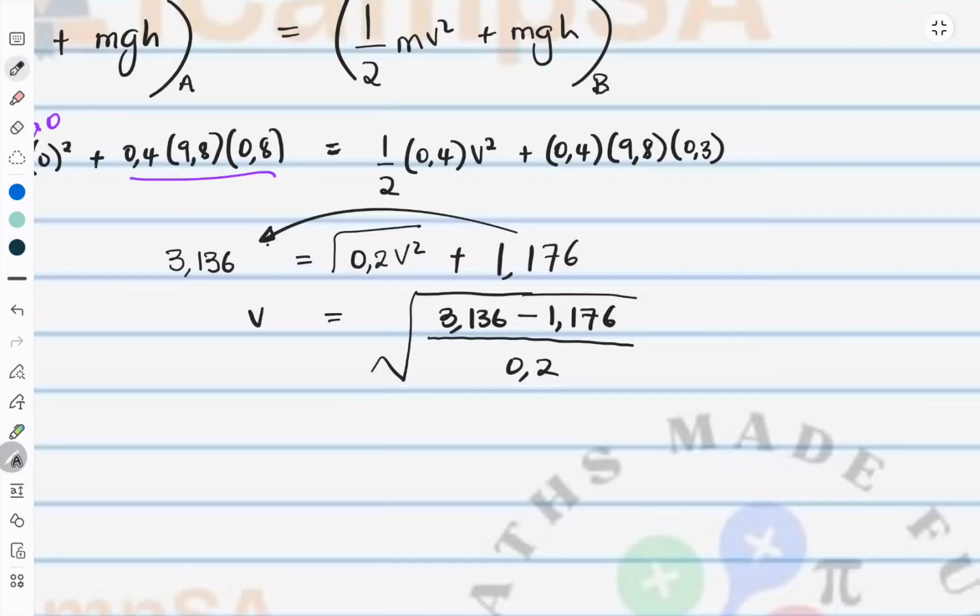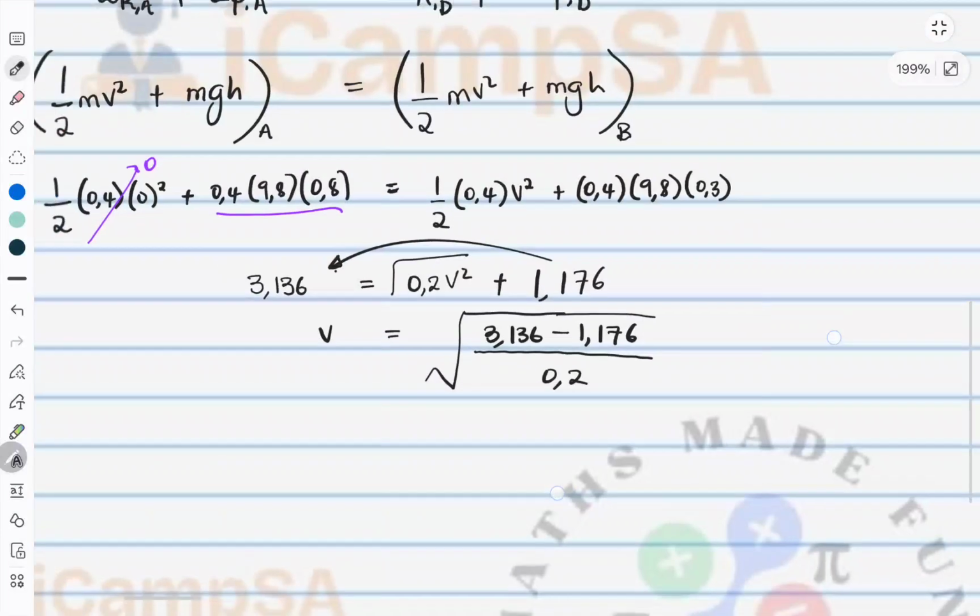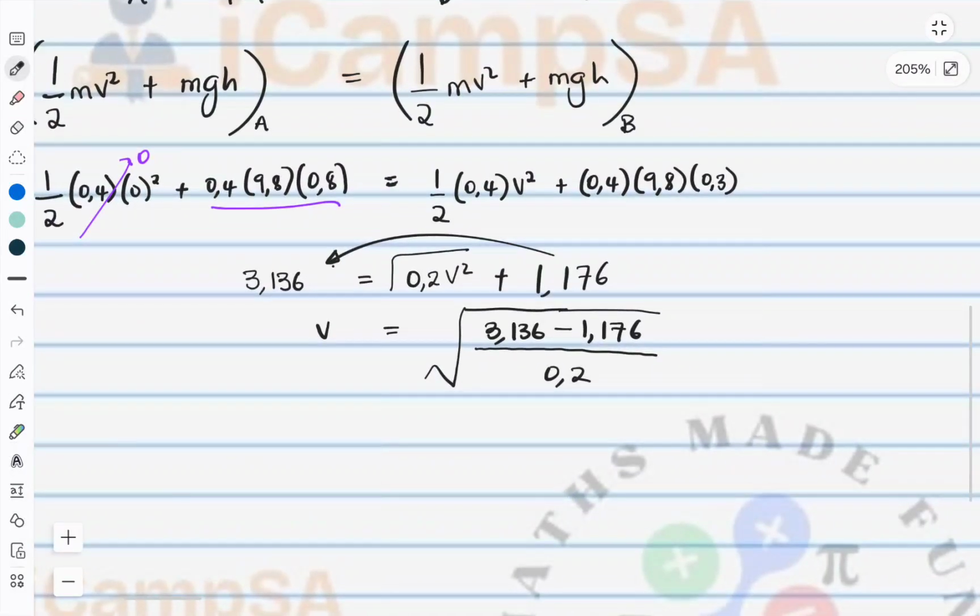So you can take it step by step, but in this video I'll just jump all those steps to this final one. Our answer would be, I get 3.13 meters per second. Okay, so that's it.